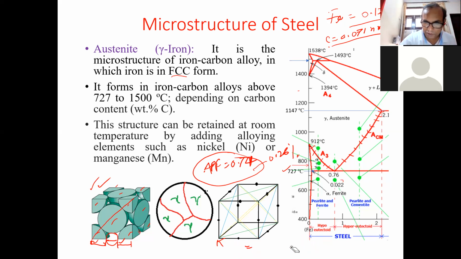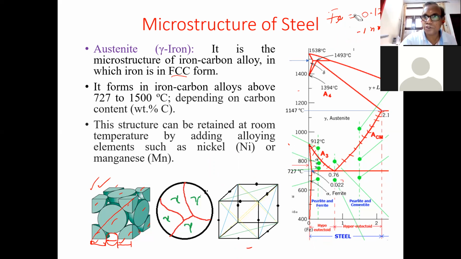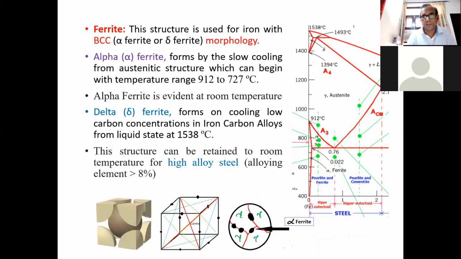So that is the reason the solubility of carbon is maximum in the austenite form. Understand? Where is the maximum solubility of carbon? In austenite.